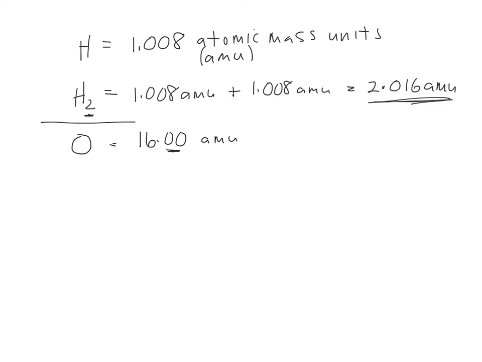Okay, so if I have a molecule that's composed of oxygen, but it has three oxygen atoms, this happens to be ozone, then its molecular weight is the sum of all of the oxygens in the formula.